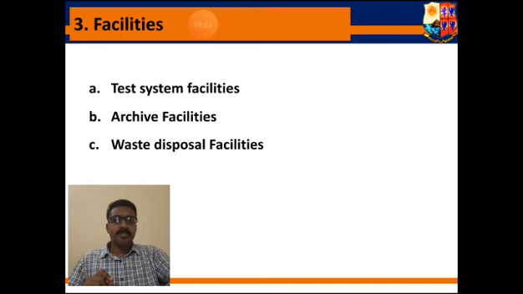Then waste disposal facilities. Handling and disposal of waste should be carried out in such a way as not to jeopardize the integrity of studies. This includes provision for appropriate collection, storage and disposal facilities and decontamination and transportation procedures.